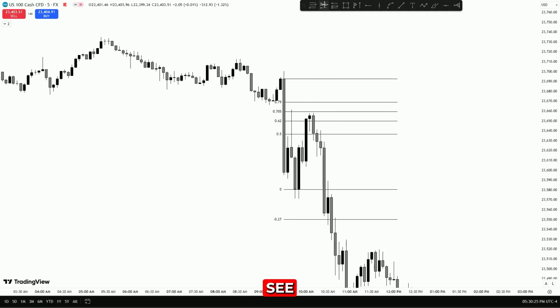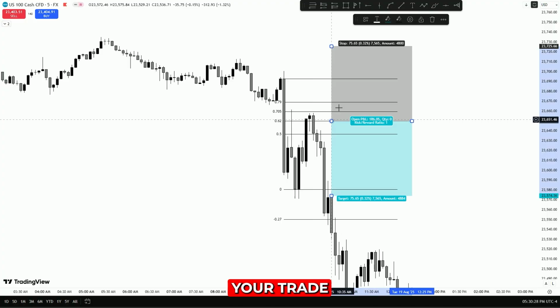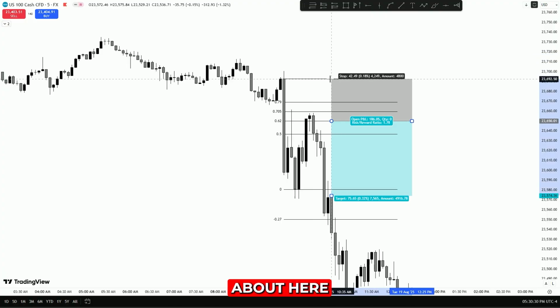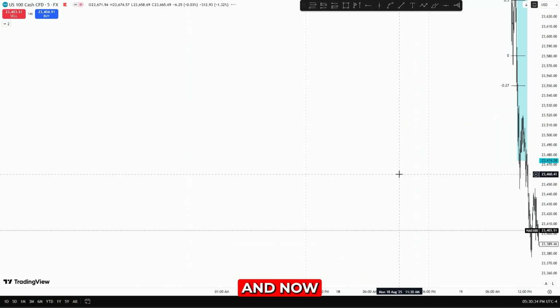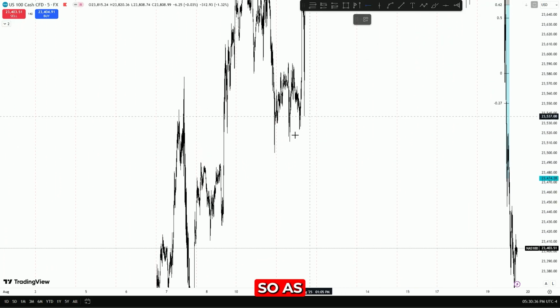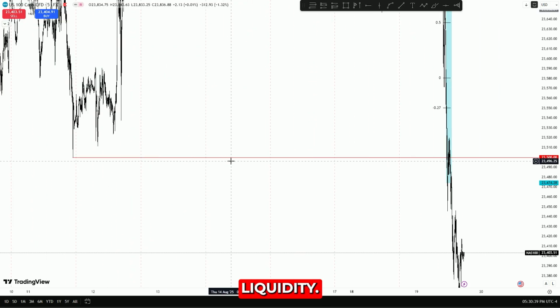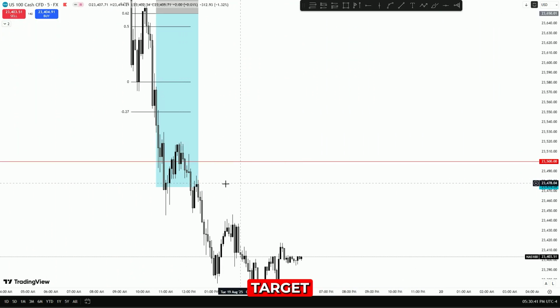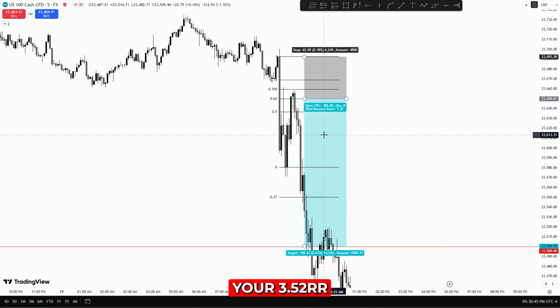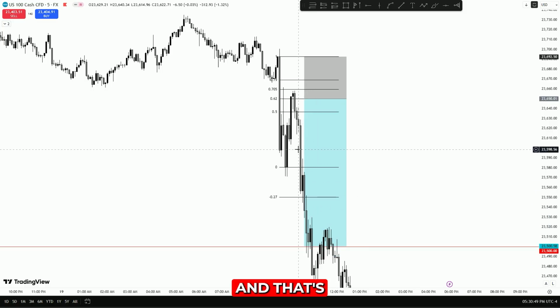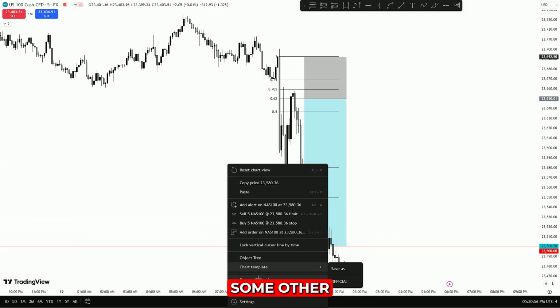You place your trade here, stops about here, and target these lows. This is your nearest sell side liquidity, so you can target somewhere around here easily. This is your 3.52 RR trade, which is like 149 pips in Nasdaq, and that's a damn good trade, seriously. We're going to move towards some other examples as well.